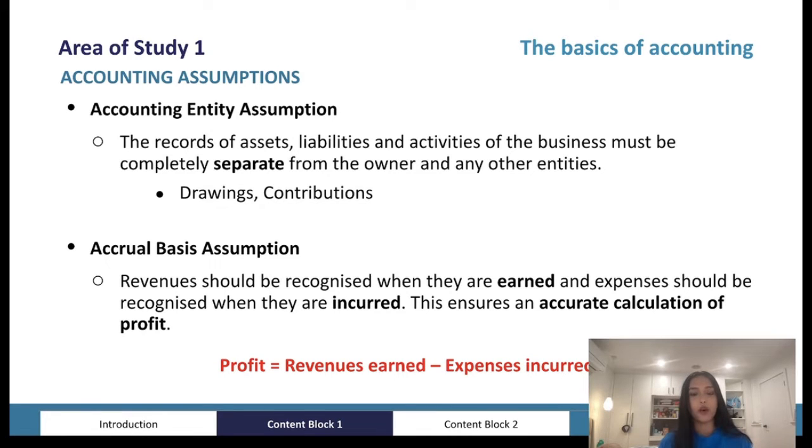We're just thinking about when the revenue is earned. And the same thing with expenses. We're only including expenses that have been incurred. We're not thinking about when the expense was paid, whether it was paid in advance or has yet to be paid. We only include expenses that were incurred in the current reporting period. And basically the assumption is when we only include revenues earned and only include expenses incurred, profit is most accurate.